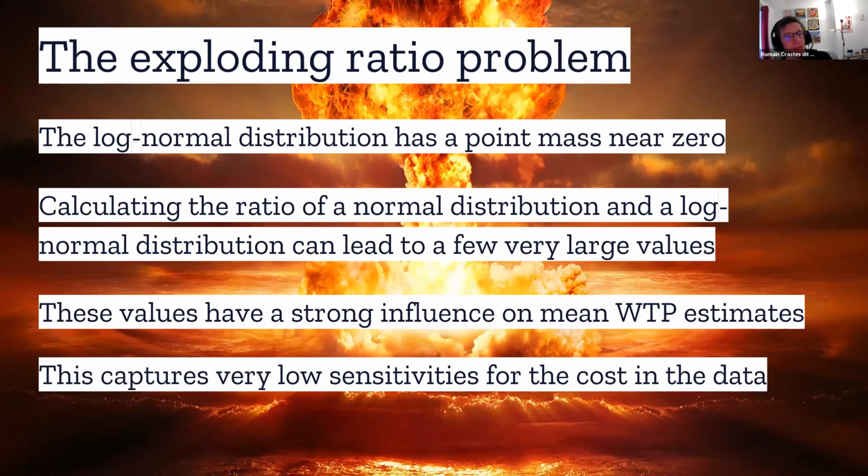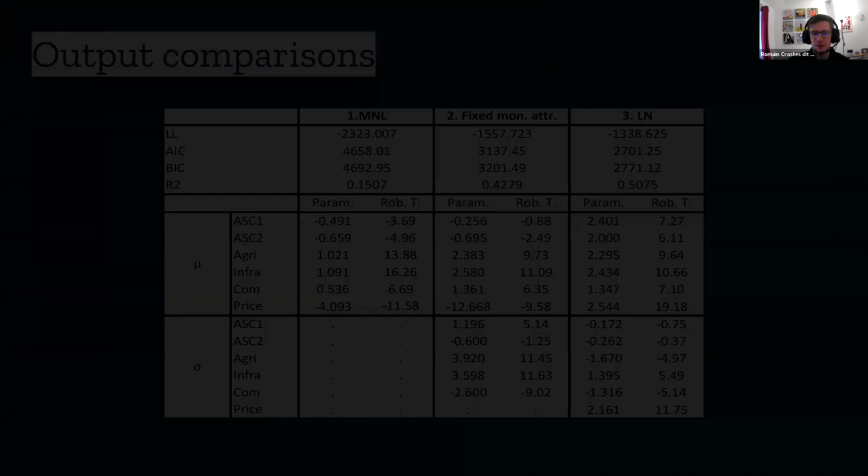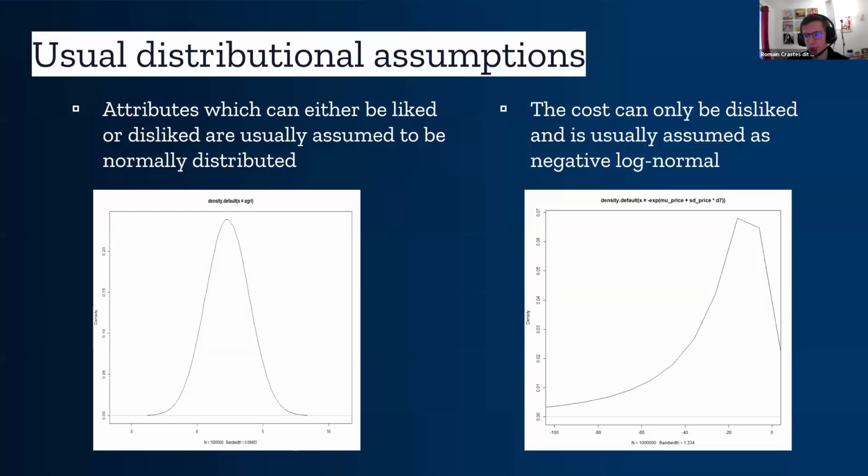So the issue is that the log normal distribution has a point mass near zero, okay? And so when you calculate the ratio of a normal distribution over a log normal distribution and simulate the resulting distribution, that can lead to a very few large values. Why? Because remember, this distribution on the right, the negative log normal, has a point mass near zero.